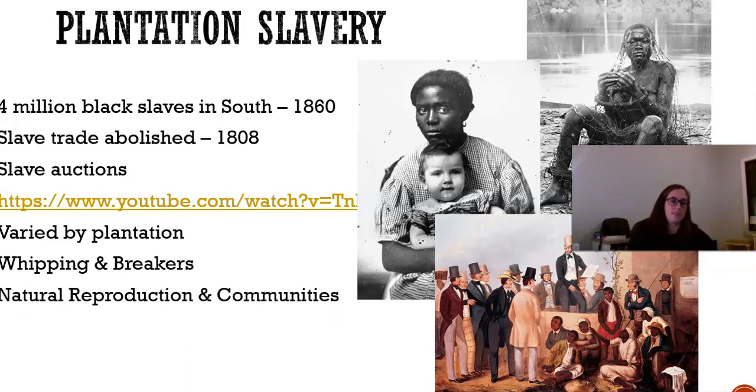Now, this is one to note here. How American slavery differed from the rest of the world was that even after the slave trade was abolished, so they're not getting new slaves internationally, the population still rose. And why? Because of natural reproduction on these plantations.